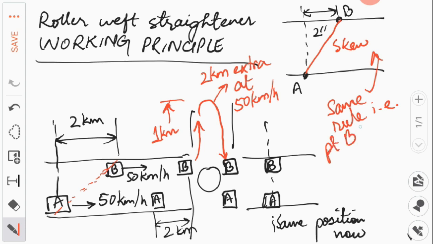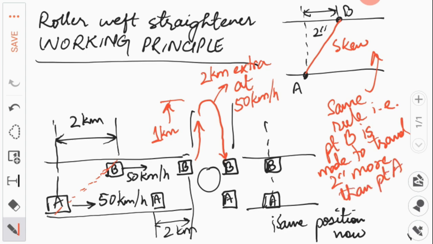Point B is 2 inches ahead of point A. So by some means, point B should be made to travel 2 inches more than point A while maintaining the same speed. Maintaining the same speed is not a problem in case of fabric, because when the entire fabric web is moving, all the points on the fabric are at the same speed.